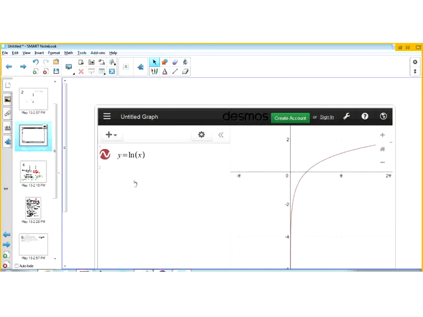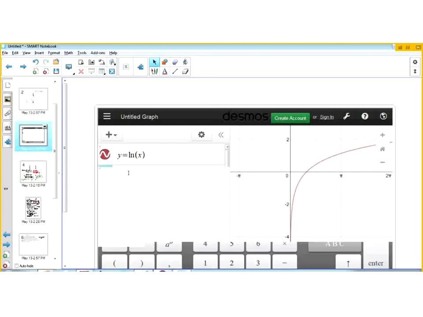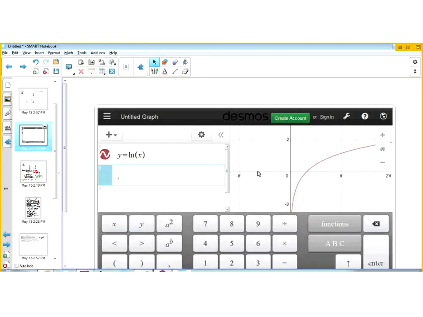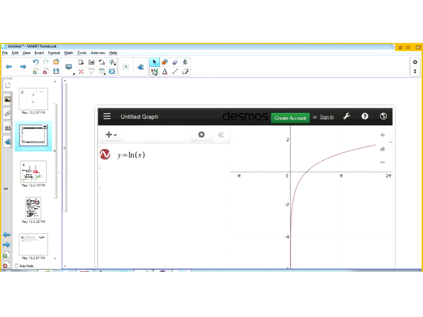So what happens as x approaches 0? Technically, we can't say the limit as x approaches 0 of natural log of x exists. Technically speaking, that does not exist.